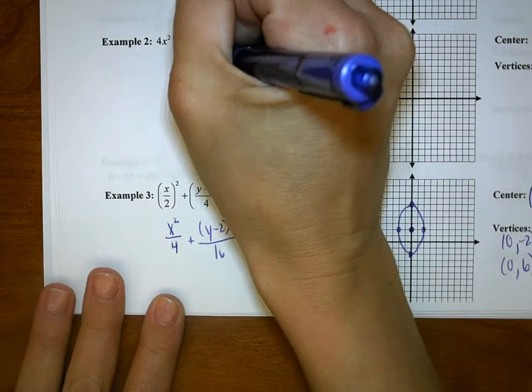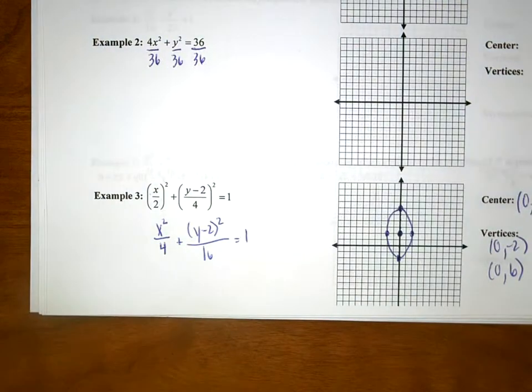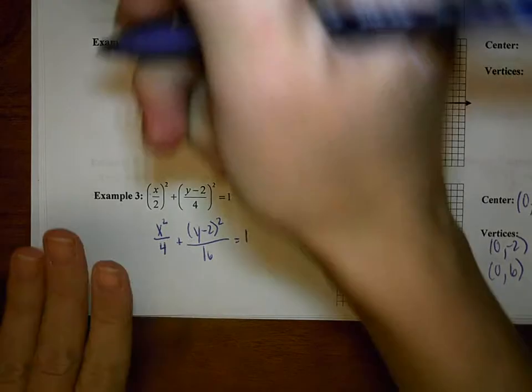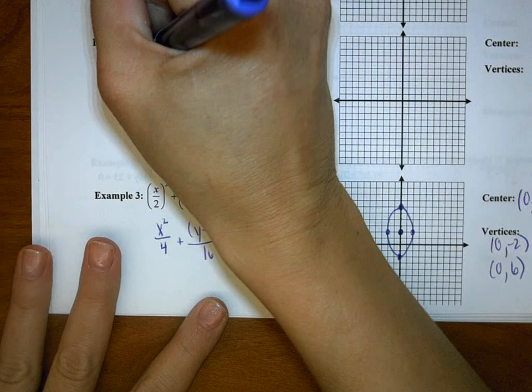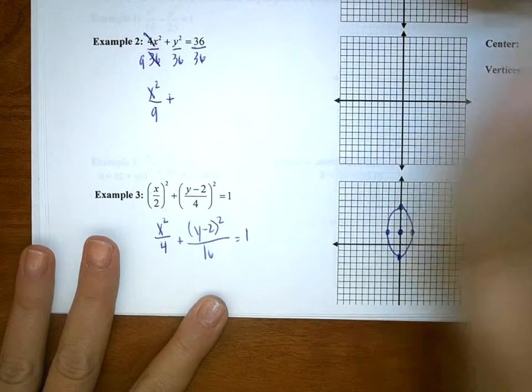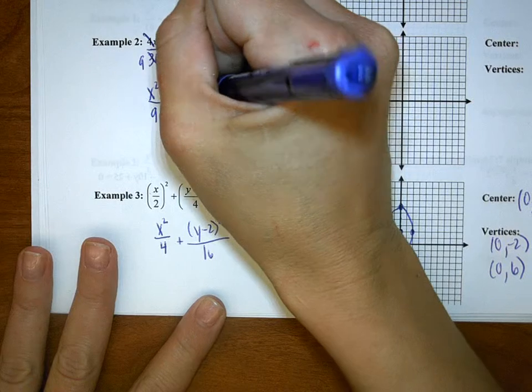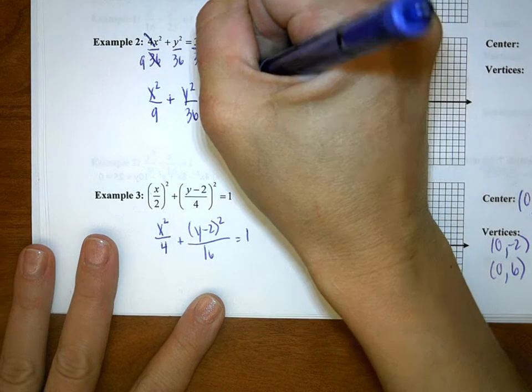So we have to divide every single term by 36. When I do that, this 4 cancels out, and we get a 9 on the bottom. So I have x squared over 9 plus, nothing happens on this one, y squared over 36, and then it equals 1.